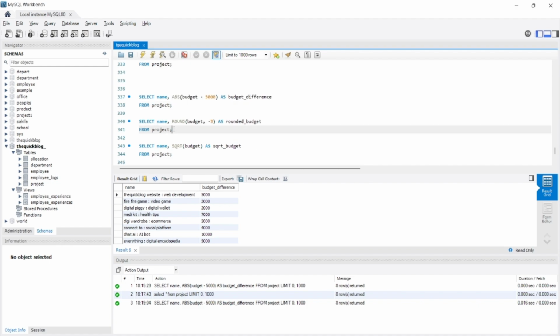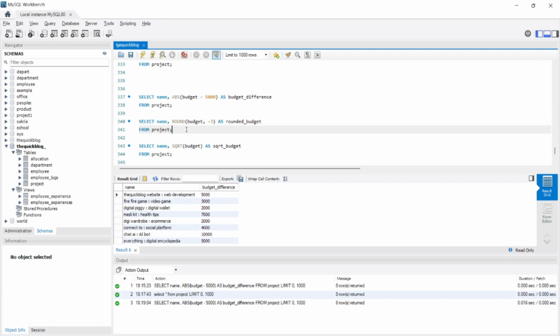Our second function is the round function, and it is basically used to round the value. In this case, we are going to round the budget value in terms of thousands as per our condition.